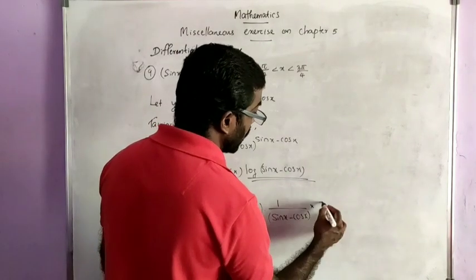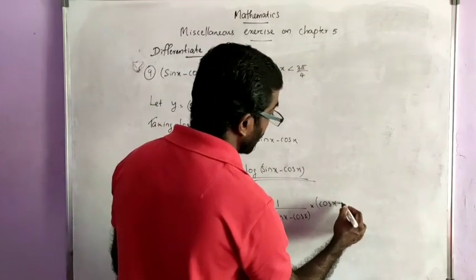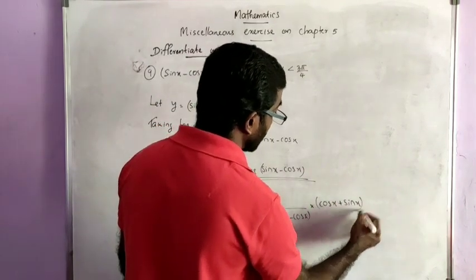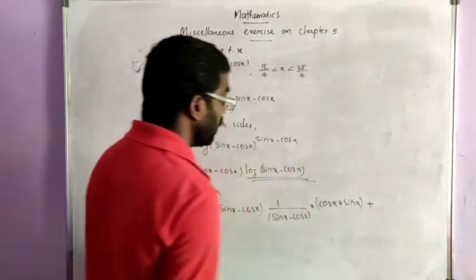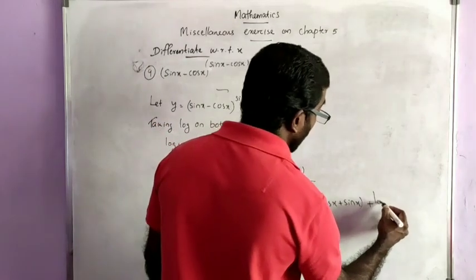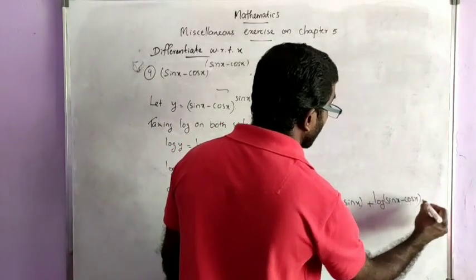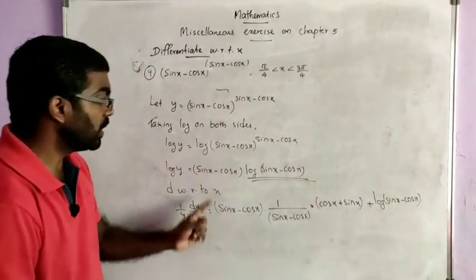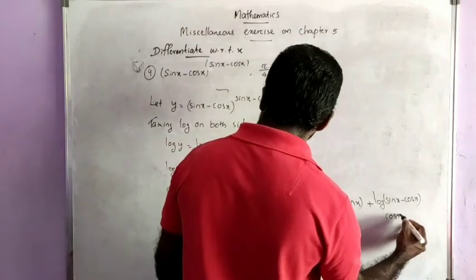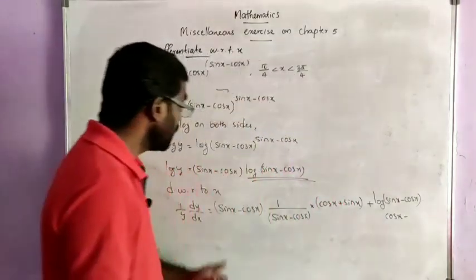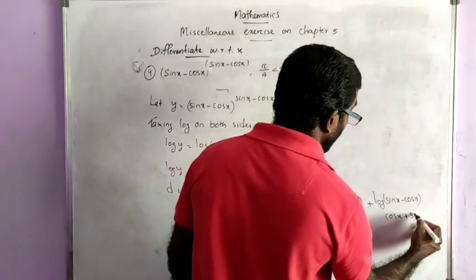The derivative of sin x is cos x, then minus cos x, derivative minus sin x, that is plus sin x, minus of minus is plus. Okay, then plus the second function, that is log of (sin x minus cos x), into the derivative of the first function, the derivative of (sin x minus cos x), that is the derivative of sin x is cos x, then minus the derivative of cos x, it is minus sin x, again minus of minus is plus sin x.